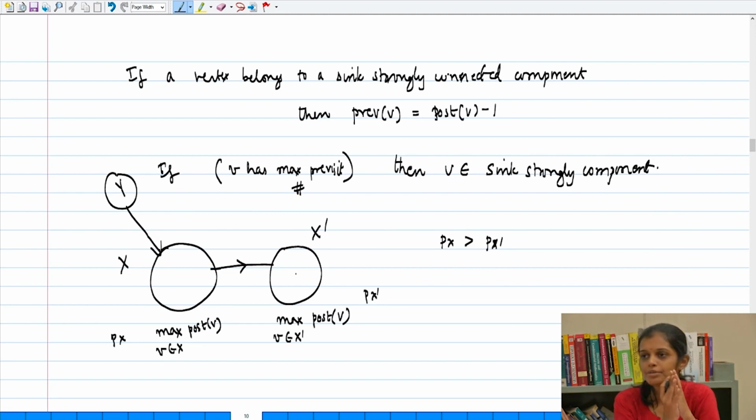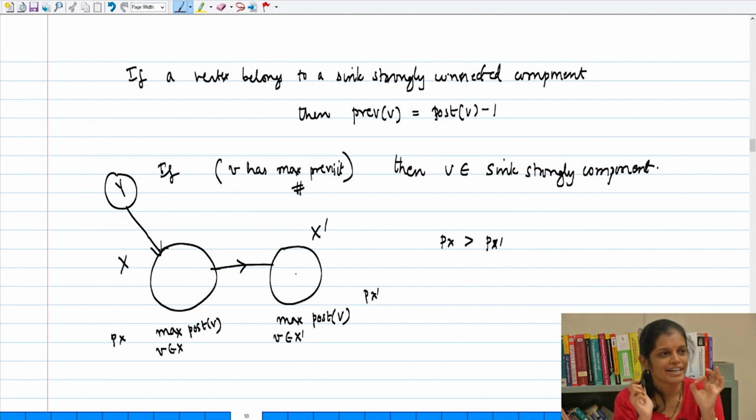So now what can you do? We simply look at the post visit numbers of all the vertices. We pick up the vertex which has the max post visit number. We don't know the component, we just know that that vertex belongs to a source strongly connected component. But that was not our interest, right?